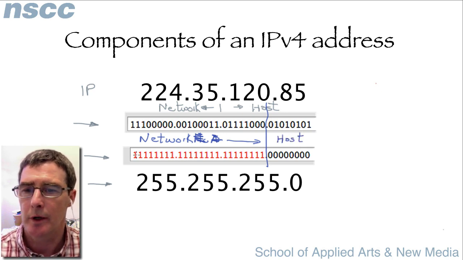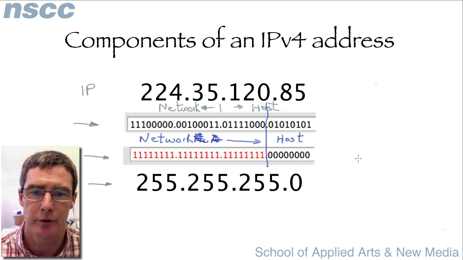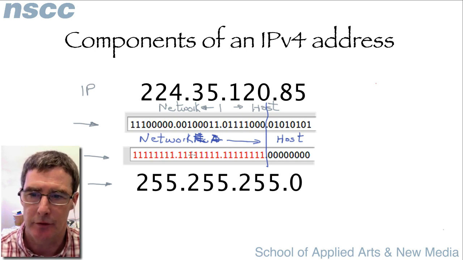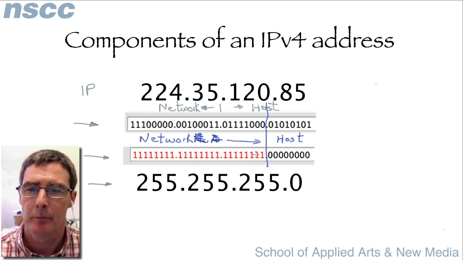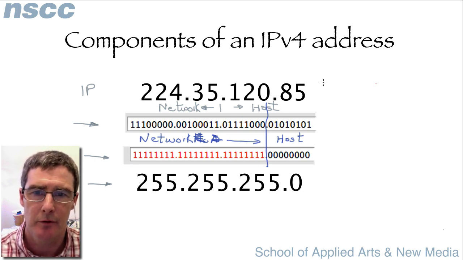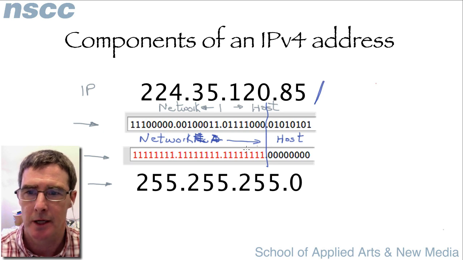Now, network masks always have a series of ones, and then they change to a series of zeros. They never mix ones and zeros in the network part. Because of this, we can have a different notation. Sometimes you won't see an IP address and network mask. Sometimes you'll see just a network address, a slash, and then a number for the number of ones.